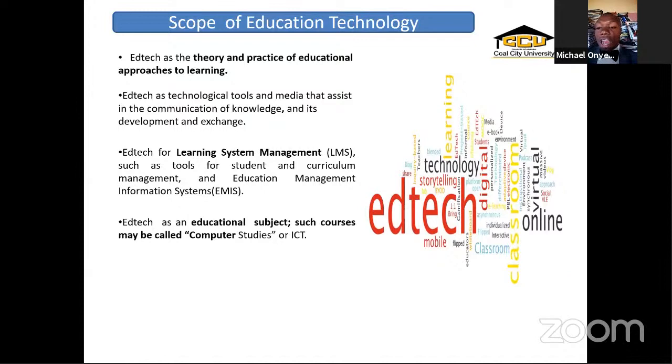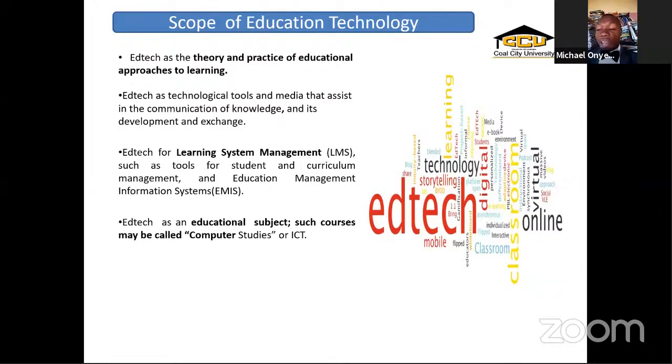One of the things we said is that education technology enhances the reach and effectiveness of teaching and learning. I've talked about that. Nowadays, when you inculcate education technology in the teaching and learning process, it brings about proactiveness.